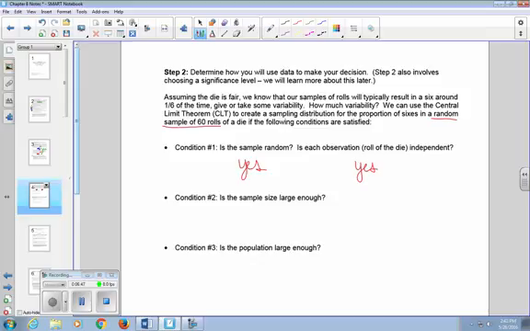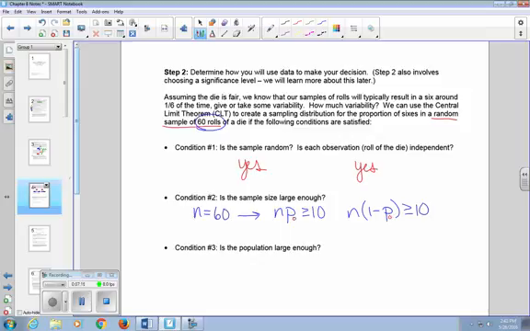All right, condition number 2, we're doing 60 rolls. So our sample size is 60. So we want to see if that's a large enough sample size. So we need to check by using those same formulas we had earlier. So your sample size times p, see if that's greater than or equal to 10. And our sample size times 1 minus p should also be greater than or equal to 10. Since we don't have our population proportion, we turn to our null hypothesis.